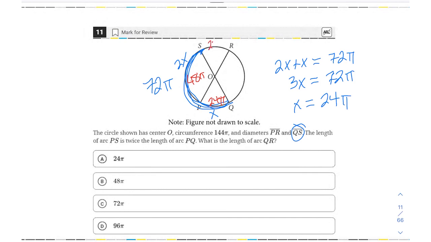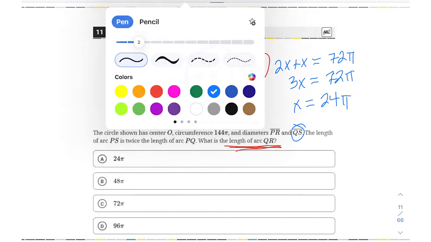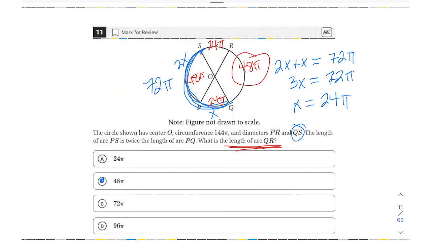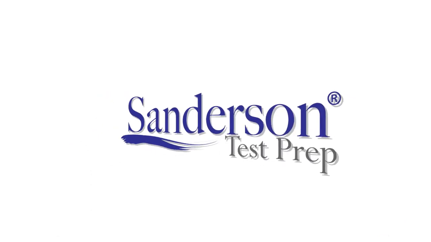So this will also be 24 pi here, and 48 pi for this larger arc. And if we look at what the question's asking, it's exactly this larger arc, which will be 48 pi. So we'll go ahead and bubble that in for answer choice B, and move on to our next question. And stay tuned, because in our next video, we're going to hop right into question 12. Thanks for watching.